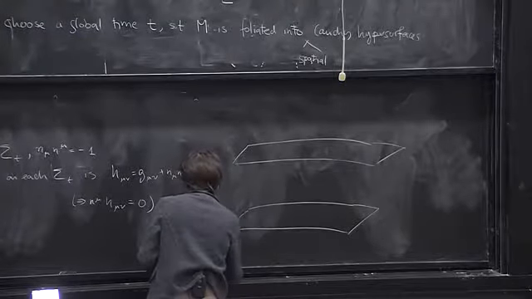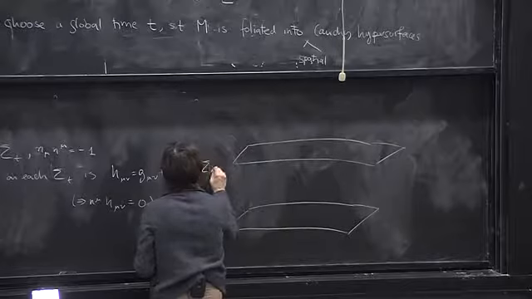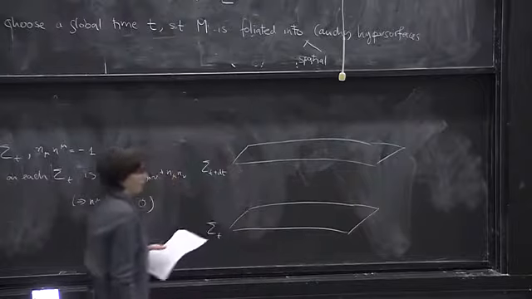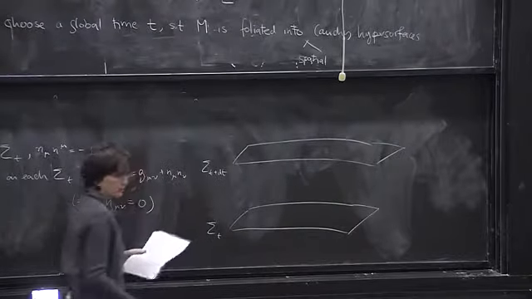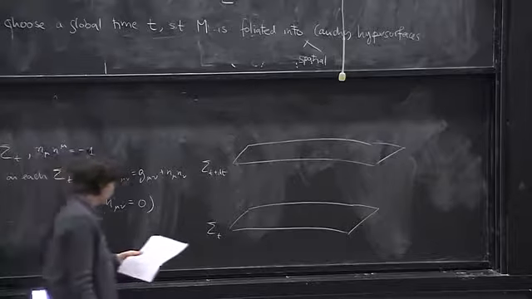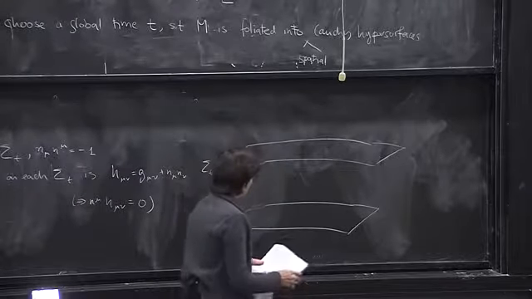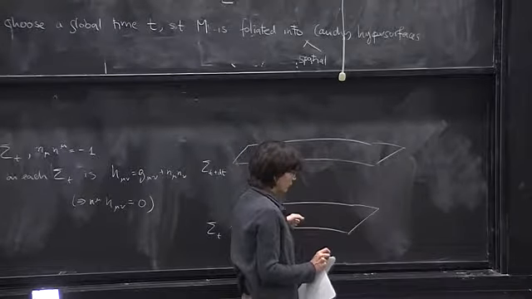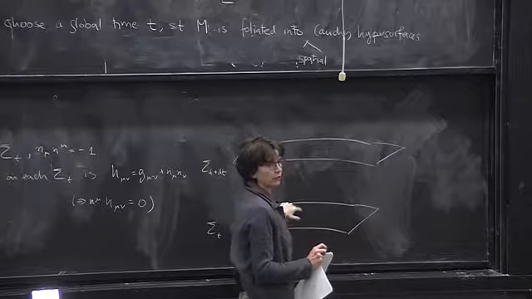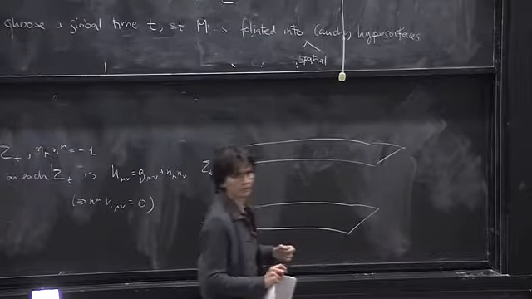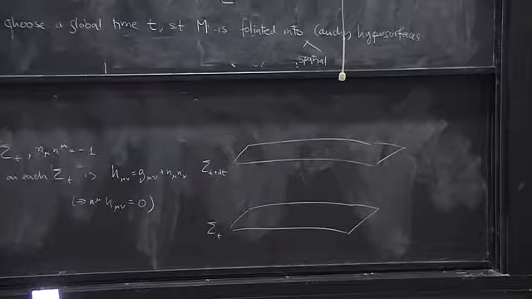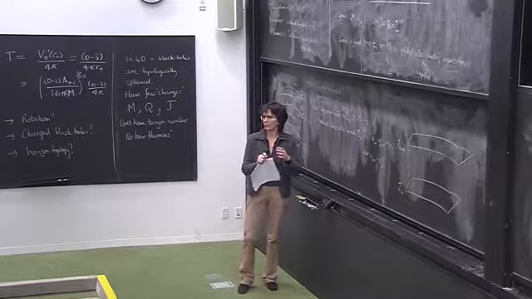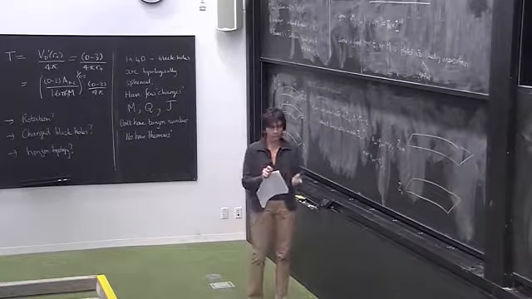Let this be Σ_t, and let this be Σ_{t+dt}, a small unit of this arbitrary time I've chosen. Now I'm interested in splitting up spacetime distances into a space part and a time part. I want to work my way towards a Hamiltonian formalism, so there is a time, and I want to be able to define momenta.